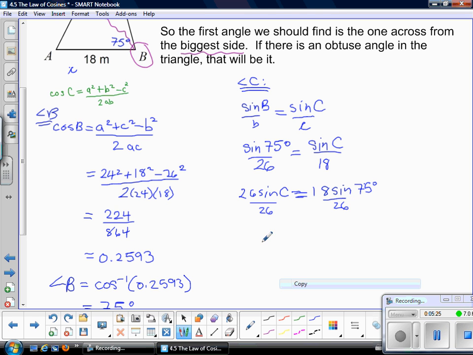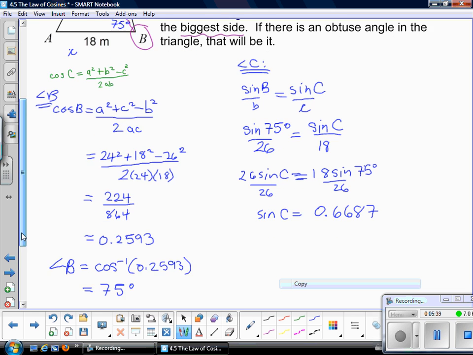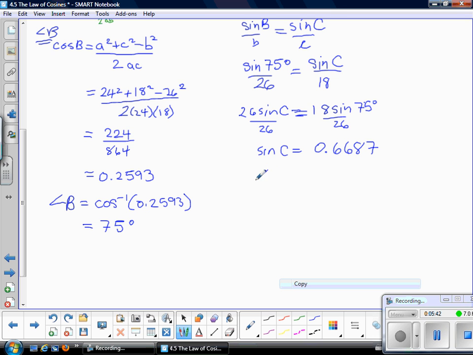And I end up having sine of C equals, and again, I'm going to use 4 decimal places, decimal 6687. And to find angle C, I do the sine inverse of our ratio, and out comes for us angle C turns out to be 42 degrees.